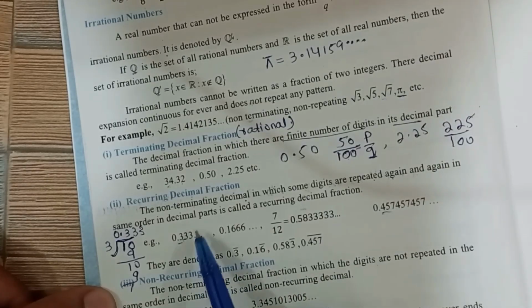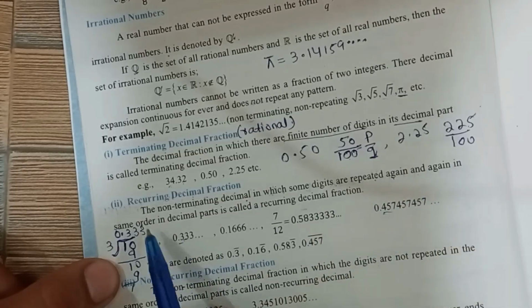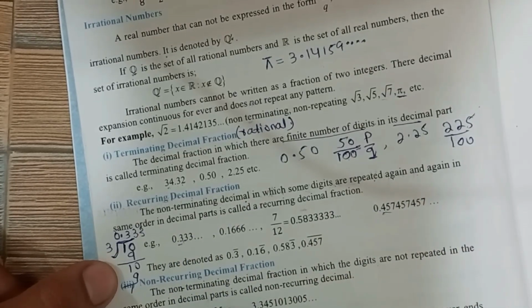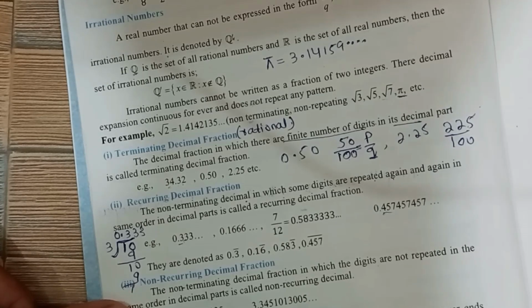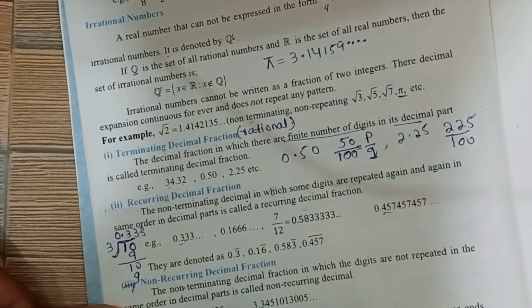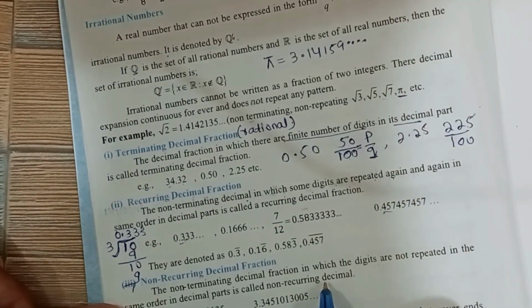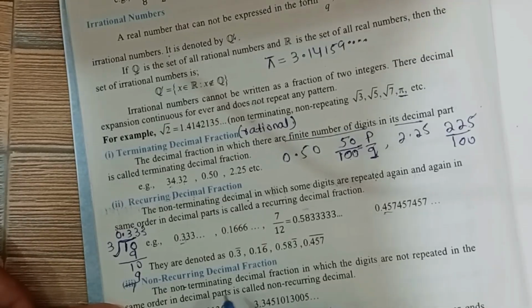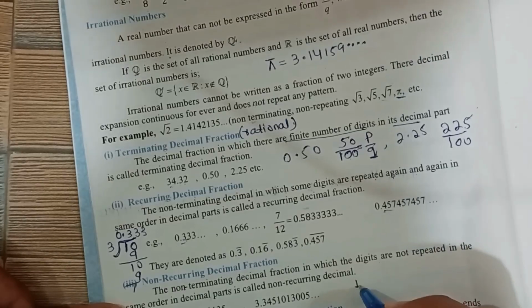In a recurring decimal fraction, the digits were repeated again and again in the same order. But in a non-recurring decimal fraction, the digits are not repeated in the same order, but in a different order. So it will be irrational.